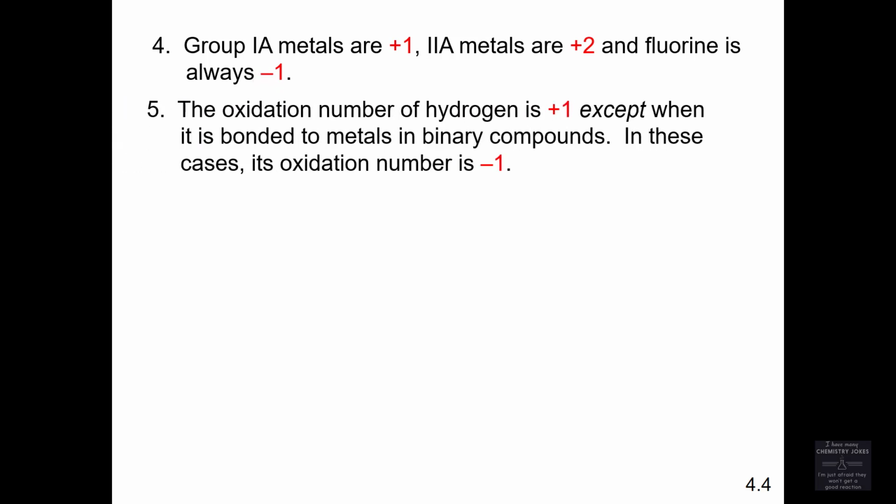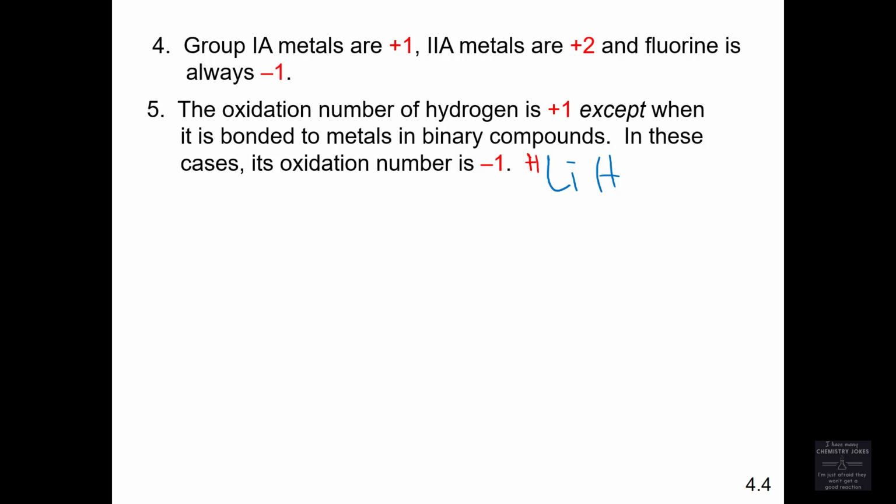The oxidation number of hydrogen is +1, almost always, unless it's bonded to a metal in a binary compound. What the heck is that? If you have lithium hydride, the rule above this says lithium is always +1.